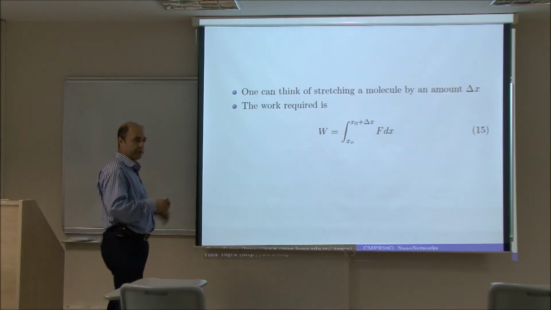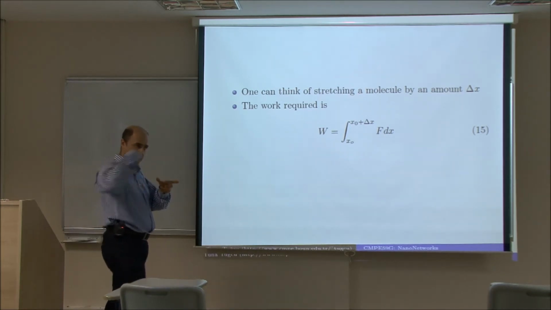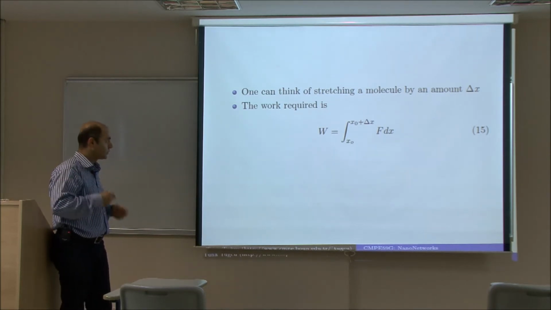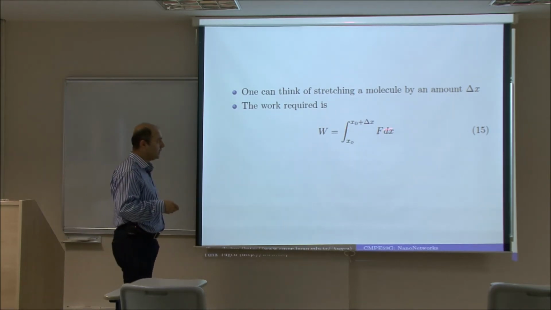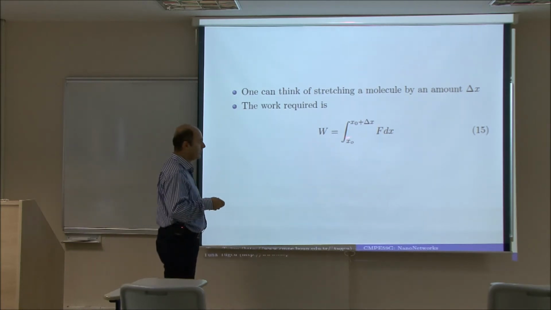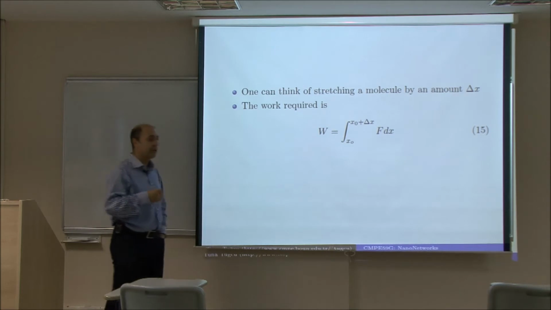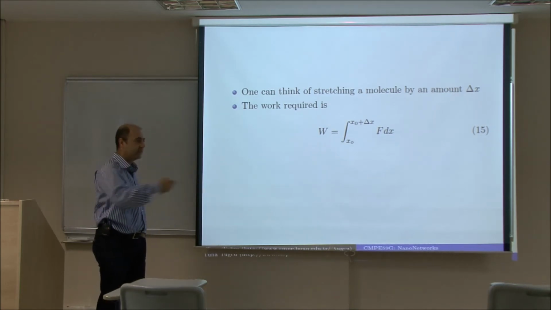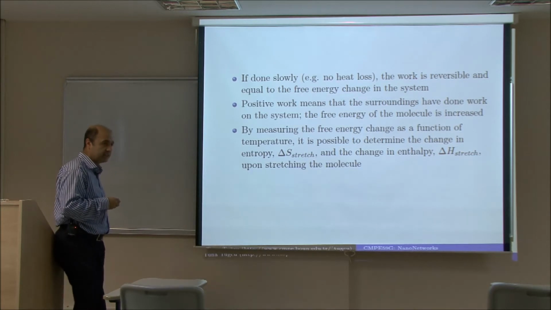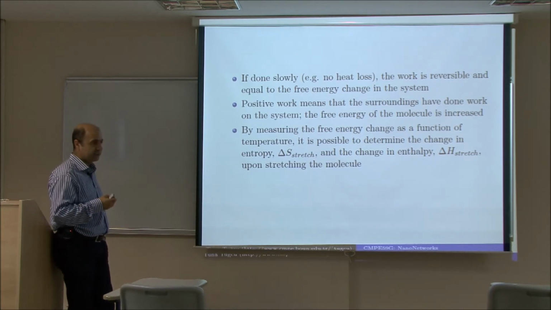So for the stretching of the molecule in this operation, for this conformational change, by an amount of delta x, the work required would be this force applied over dx, where you start at position x0 and you take a step of length delta x. If this operation is done slowly, which means we can assume there's no heat loss, the work is now reversible and equal to the free energy change in the system.